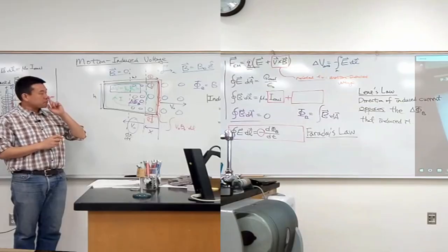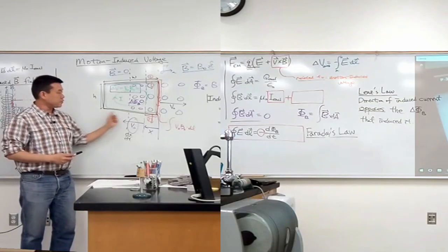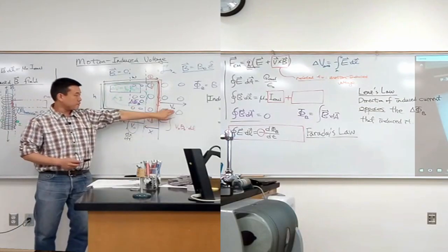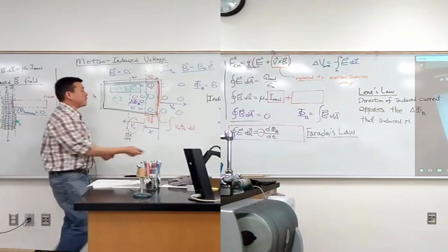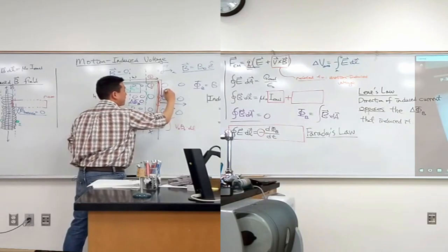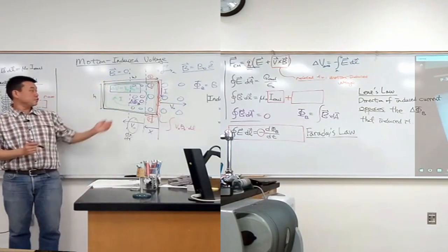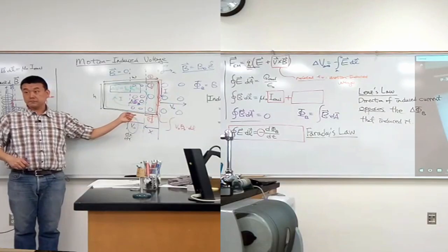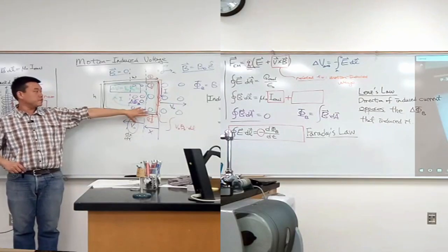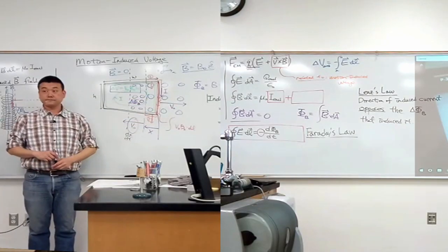Now, I want you guys to think of the force on this loop, not because of this velocity, but because of this current I that's flowing in this loop in the clockwise direction. So what direction is the force on this loop due to this current?